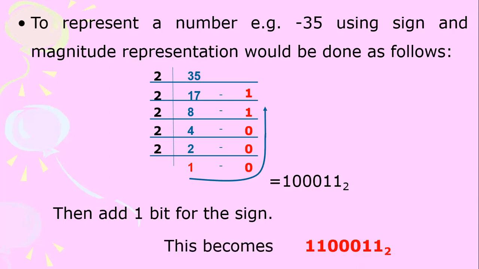That is 1, 1, 0, 0, 0, 1, 1 binary. So this means that this binary represents -35, with the leftmost bit 1 representing the negative sign.